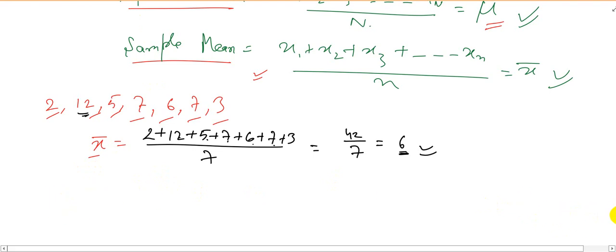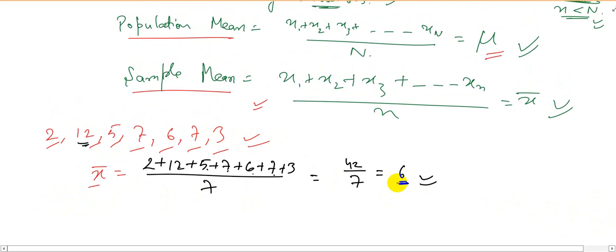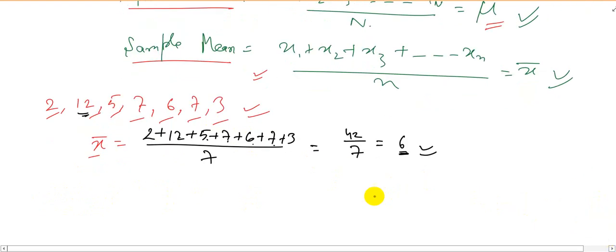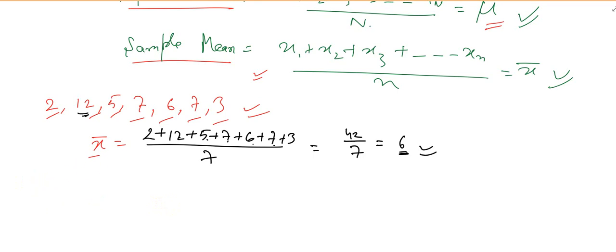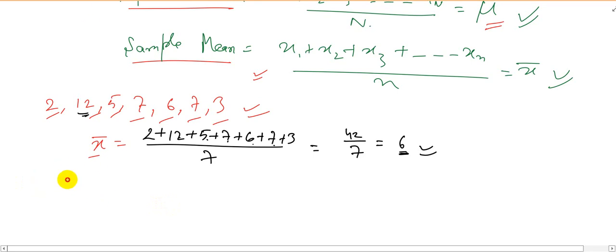Now let's try to understand some of the variations of mean, right? Mean does not always come with such discrete values. Sometimes mean is there in some continuous frequency distribution, right? So let us try to think about the continuous distribution, or we can say frequency distribution.